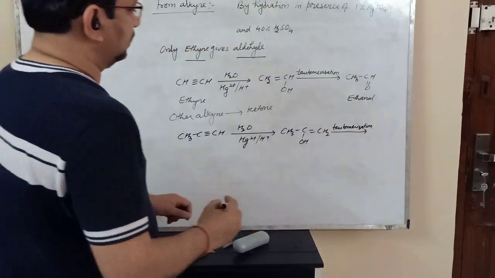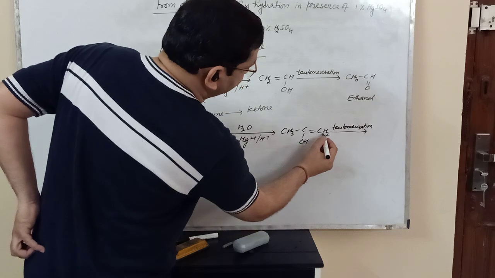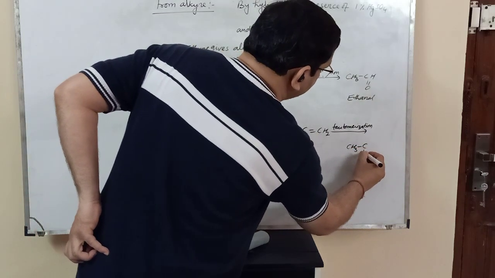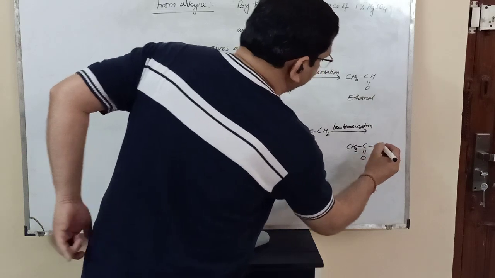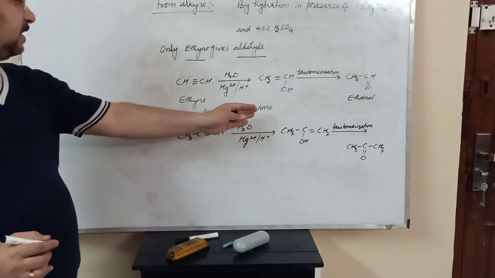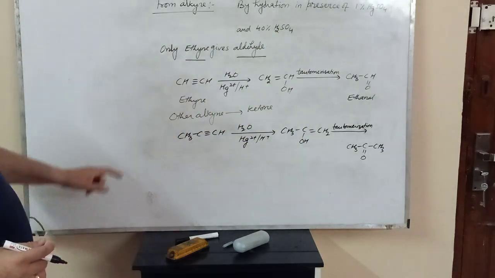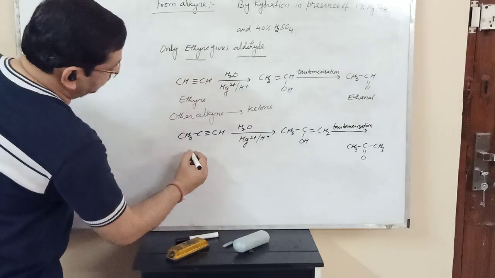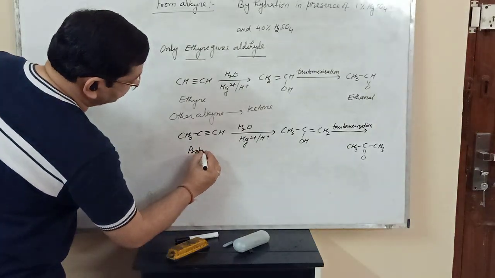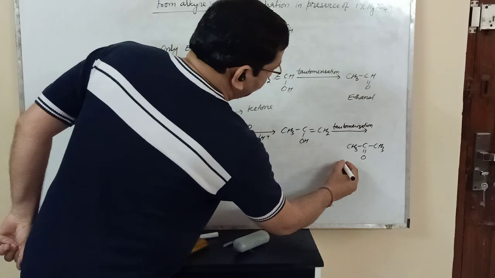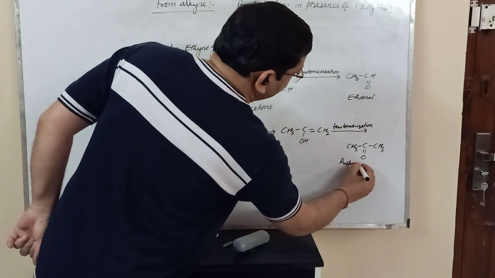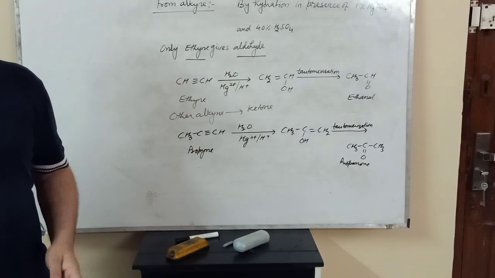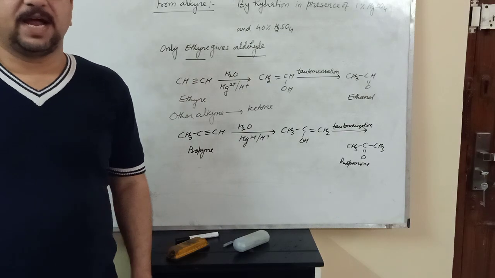On tautomerization, this H will shift here and the double bond here, so we get CH3C double bond O CH3. So any other alkyne if we take, then only ketone will be the product; only ethyne gives acetaldehyde. So here this propyne gives propanone, and this is all about the different reactions for the preparation of aldehydes and ketones.